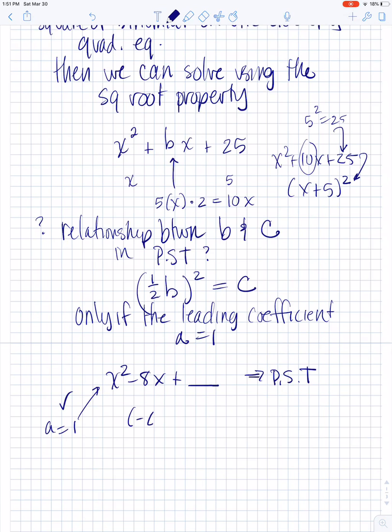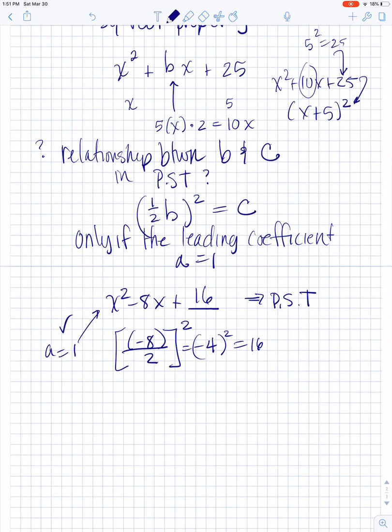So all I have to do is take 1/2 of b, that's dividing by 2, and I have to square it. All right, so 1/2 of -8 is -4, and -4 squared is equal to 16. So if c equals 16, we end up having a perfect square trinomial, which is super useful because then that means this thing would factor out to x minus 4 squared.